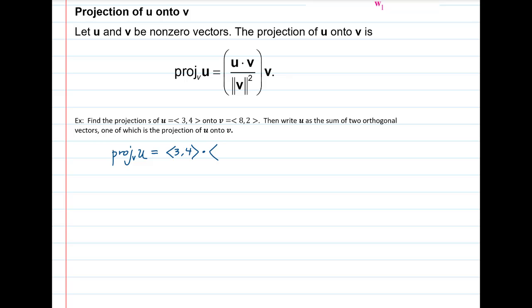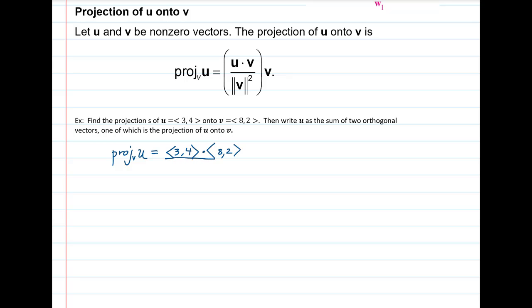We're asked to find the projection of u = (3, 4) onto v = (8, 2). And then write u as a sum of two orthogonal vectors, one of which is the projection of u onto v. We're going to first start by finding the projection of u onto v by using our formula here.